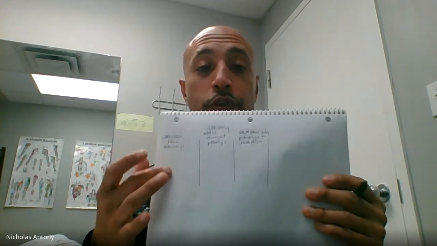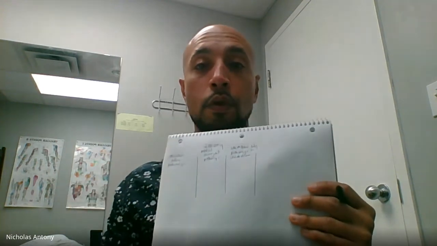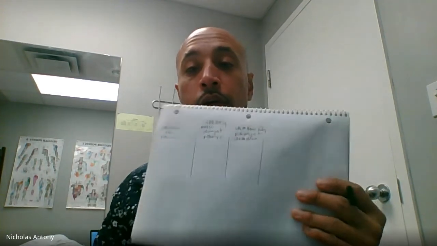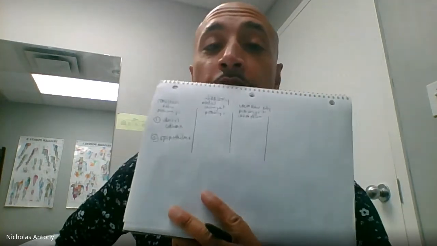Okay, so there's two different tracts for conscious sensory information. We have our dorsal column, and we have our spinothalamic tract. Brittany, pull up that diagram and find those two tracts on that diagram.